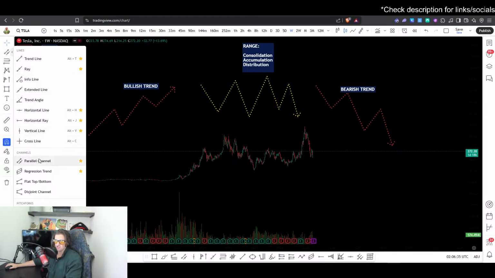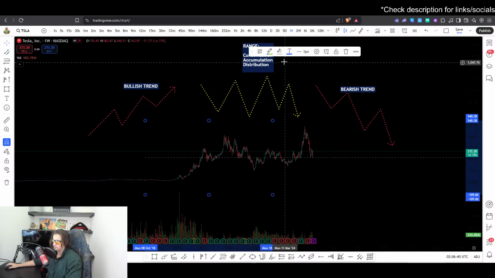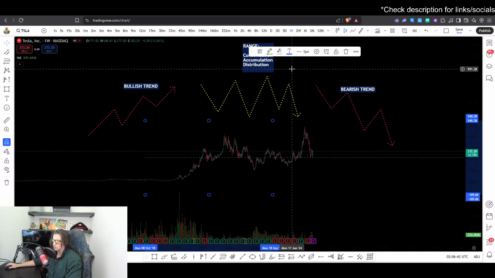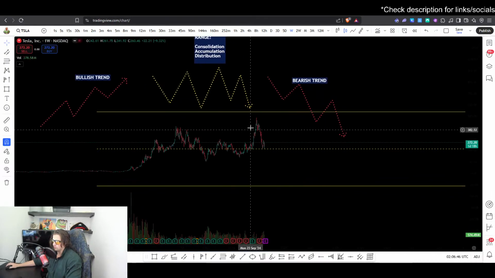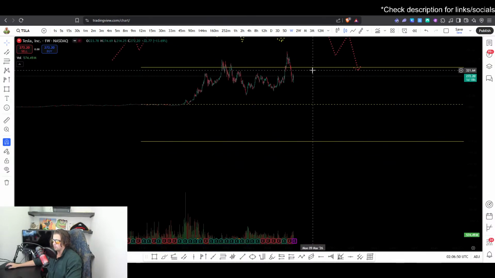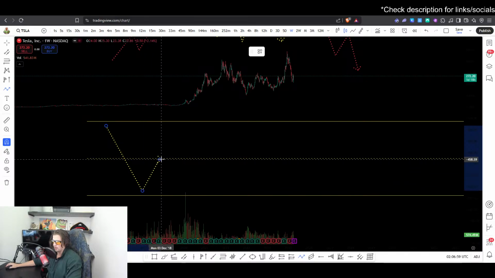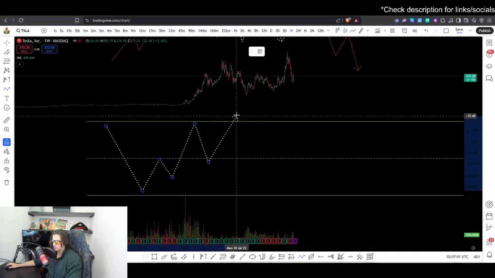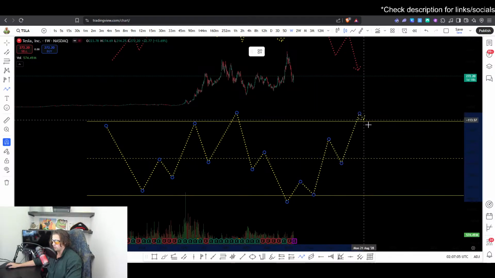If you just pull this out, you can use this as an example of understanding what a range would be, kind of like a parallel channel, price bumping up and down in between some sort of channel.